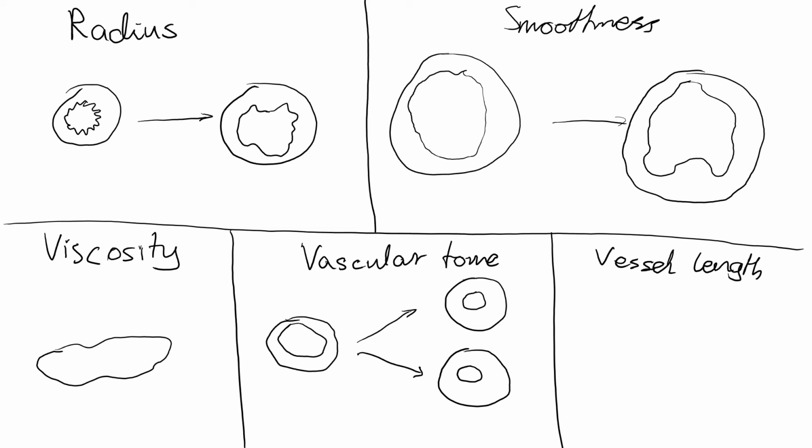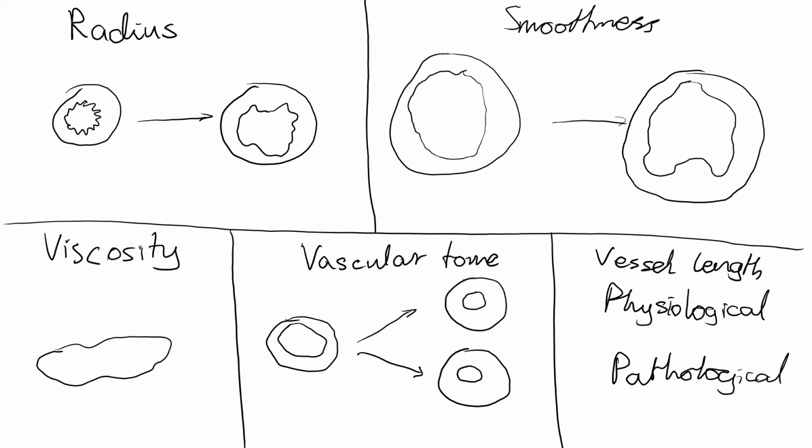Now, blood vessel length can increase in 2 main mechanisms. It can either increase in an anatomical, so a physiological manner, or it can increase in a pathological manner. So, as you all know, from the point that we're born, we're constantly growing.